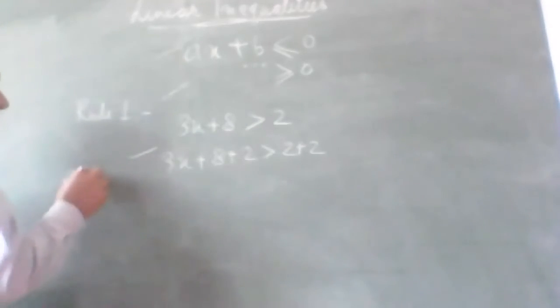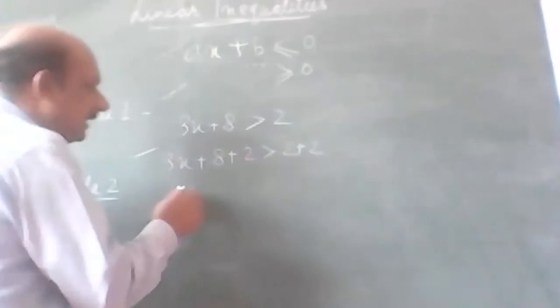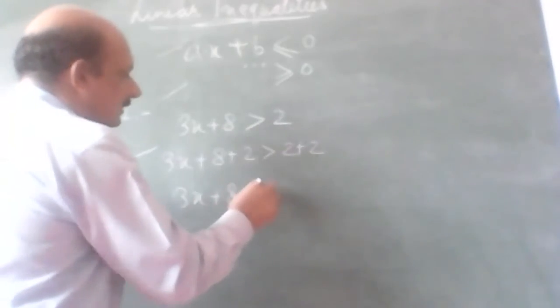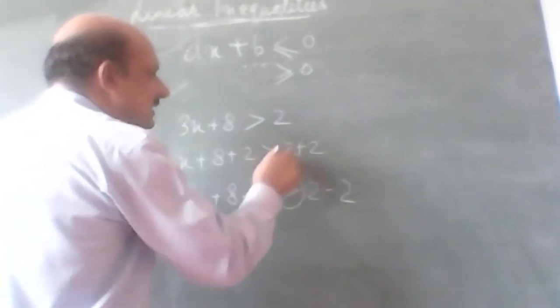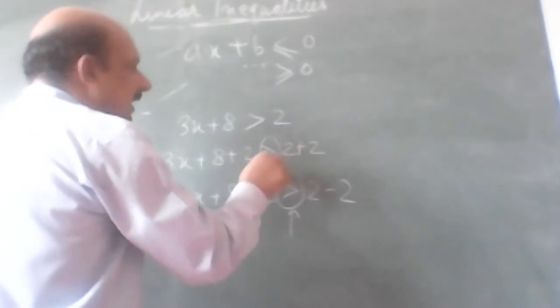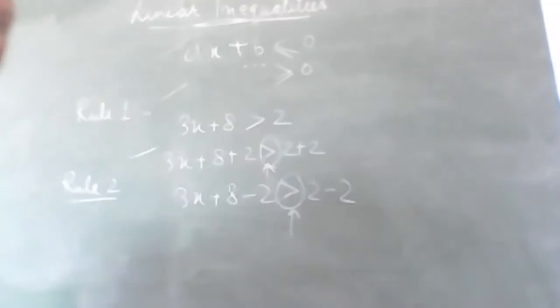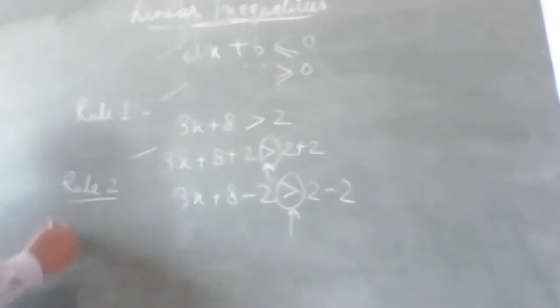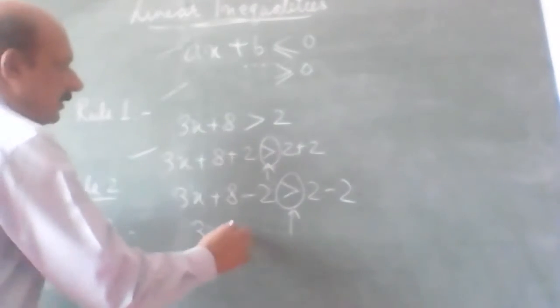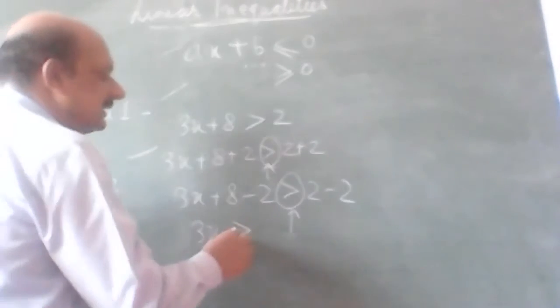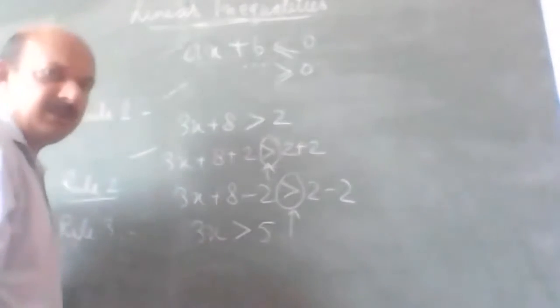Rule number 2, if equals are subtracted, then also symbol will remain same, inequality will not change. Rule number 3, 3x is greater than 5.